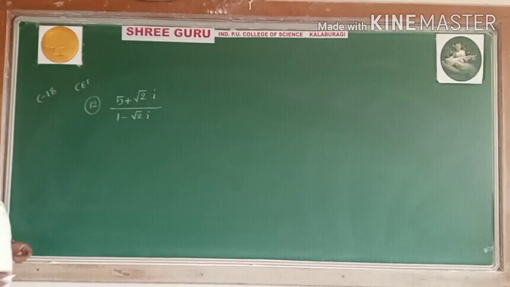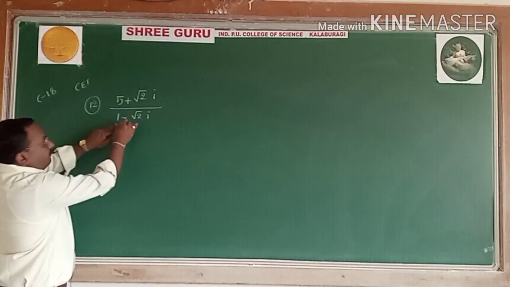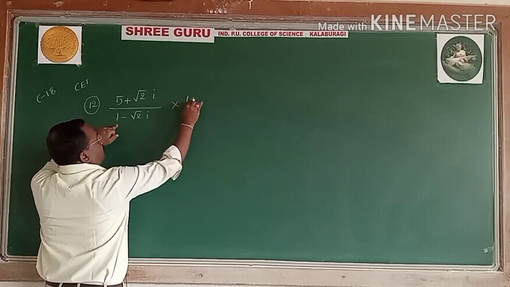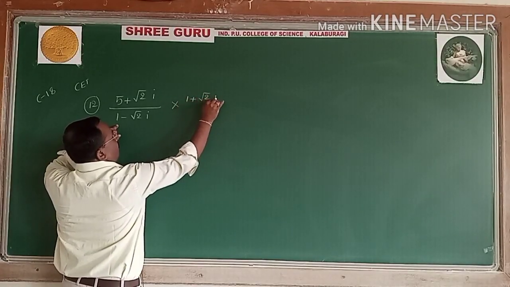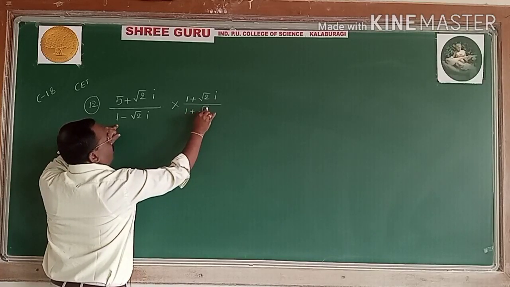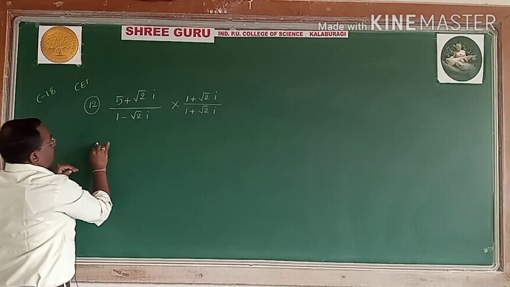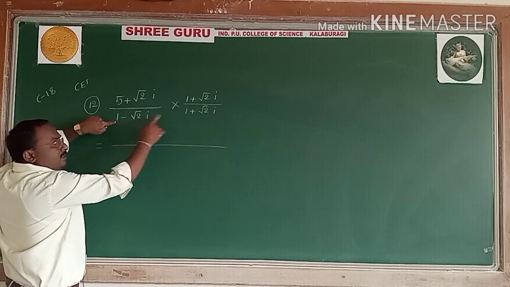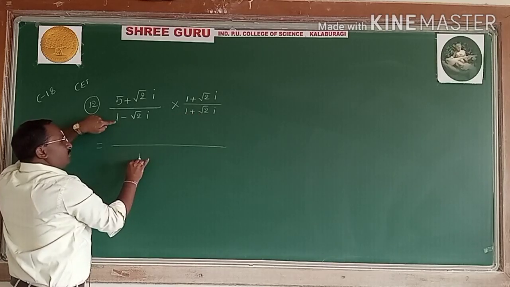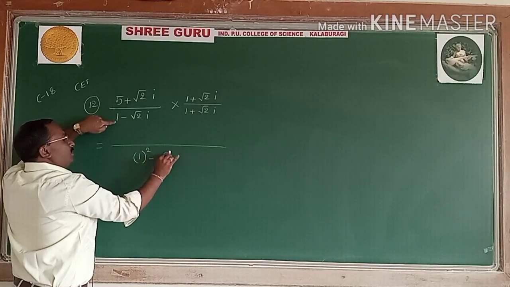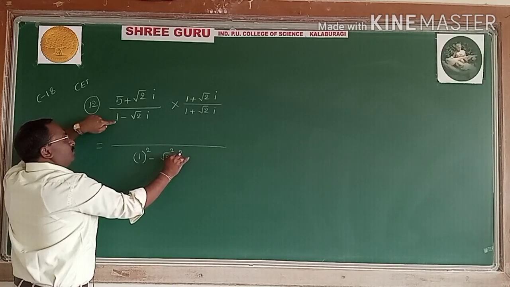This is a plus ib form, a division of complex numbers. Rationalize this one: multiply by 1 plus root 2i divided by 1 plus root 2i. The denominator is a minus b times a plus b, that is a square minus b square.